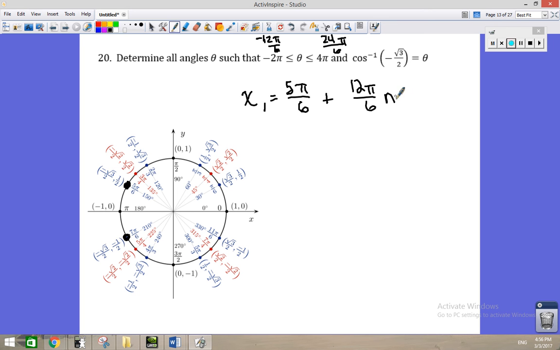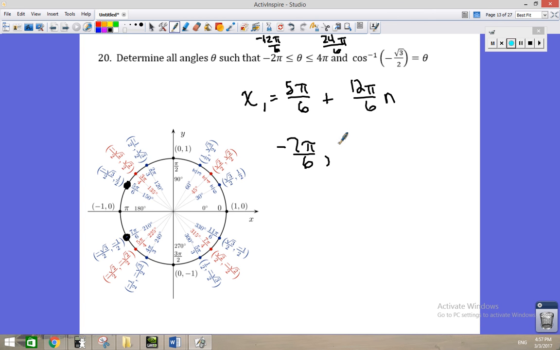So if I let n be negative 2, negative 24 plus 5, negative 19, that's too small. If I let it be negative 1, I have negative 12 plus 5, negative 7. So negative 7 pi over 6 satisfies this equation and is also between these two values.